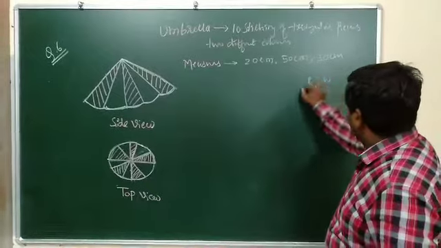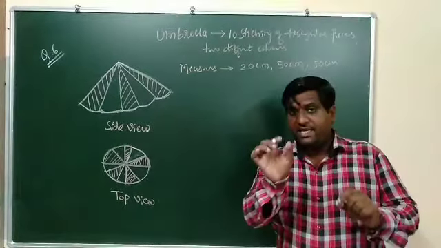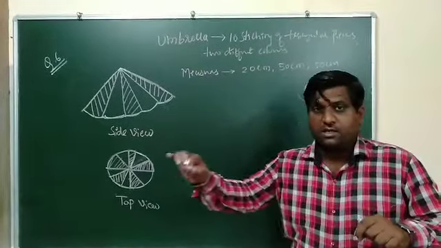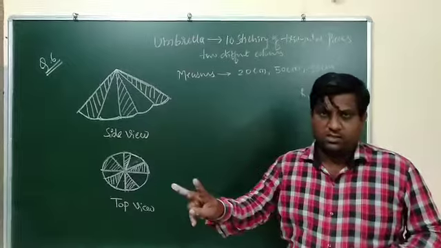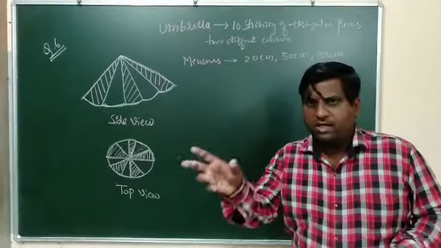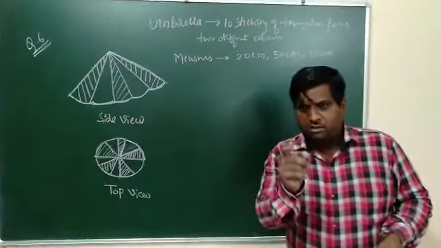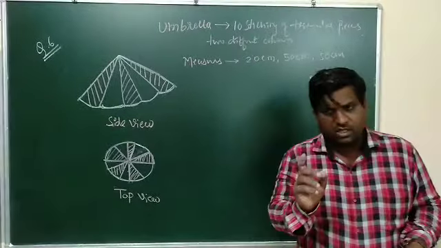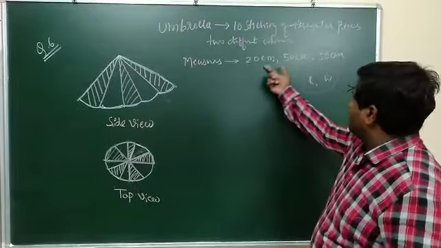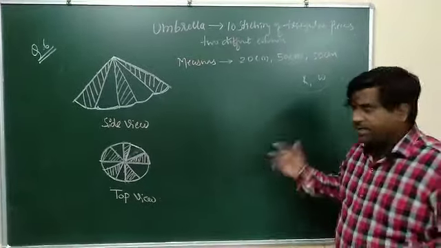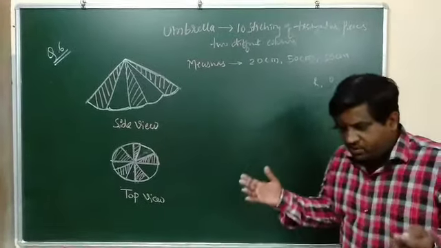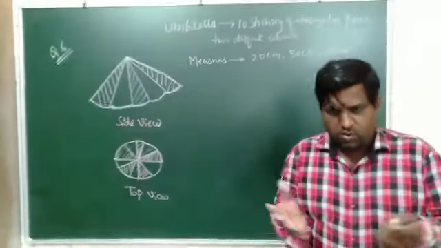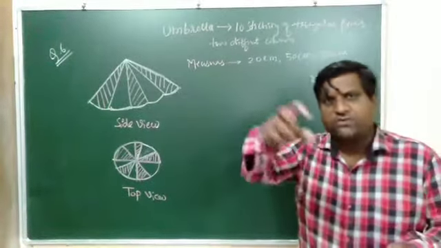So the total number of cloth pieces is 10, with 2 different colors only, 5 red and 5 white. The shape of each cloth is triangular and the measures he has given are 20 cm, 50 cm and 50 cm. All you need to do is assemble those triangular cloths to make a beautiful umbrella.